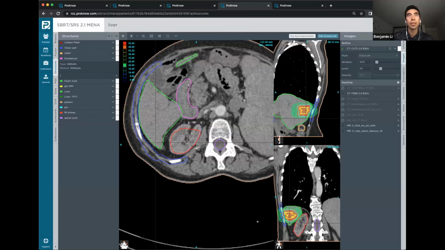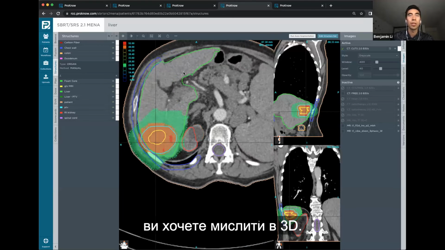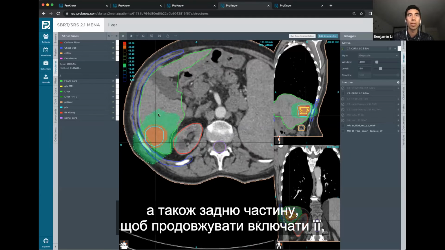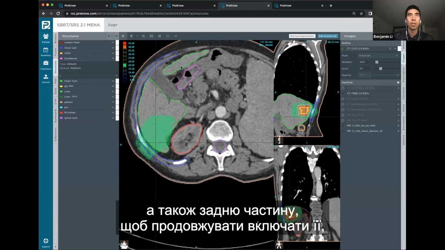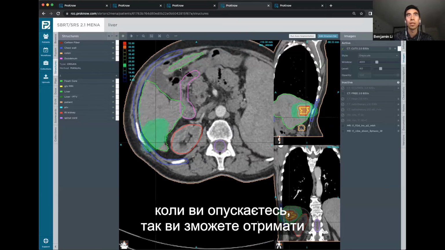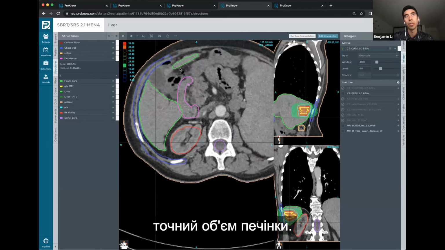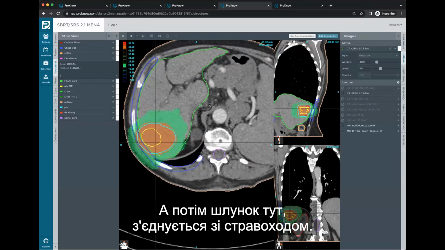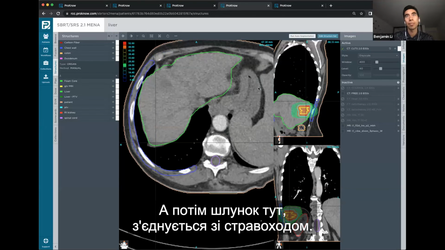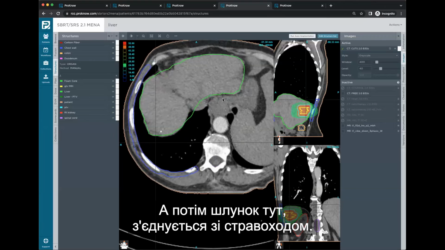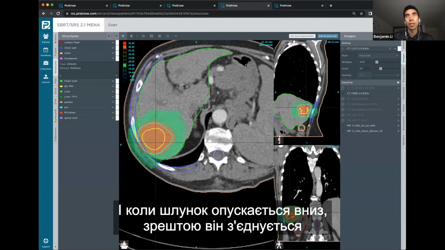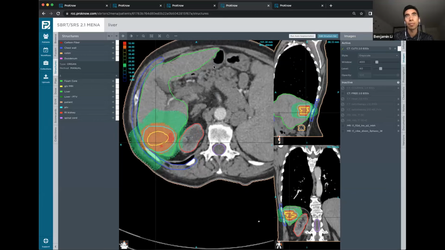And then the liver, you want to think in 3D. So as you're going down, keep track of the front part as well as the back part so that you're continuing to include it as you go down, so you can get an accurate volume of the liver. And then the stomach is here, connects to the esophagus. And as the stomach goes down, eventually it's connecting to the small bowel.